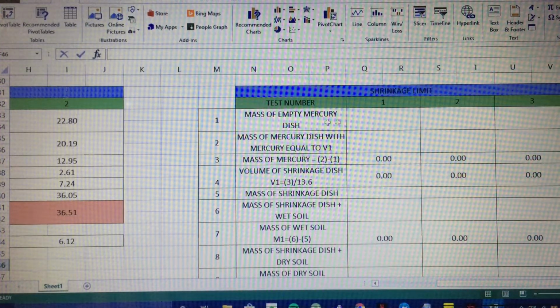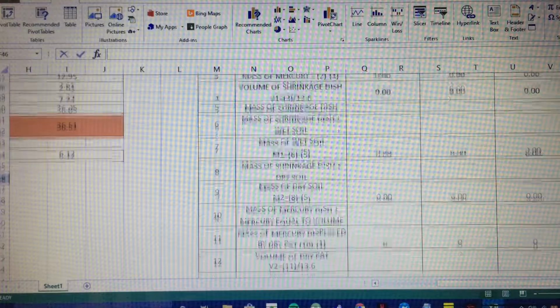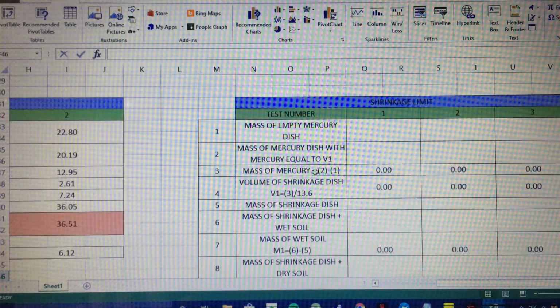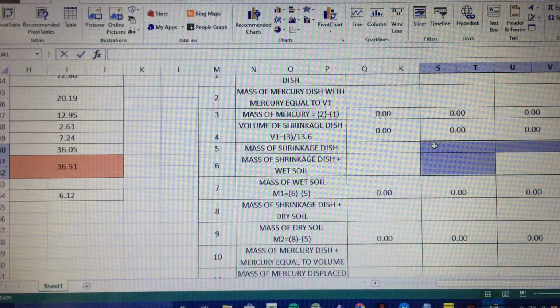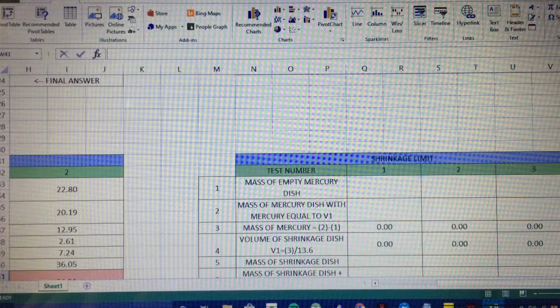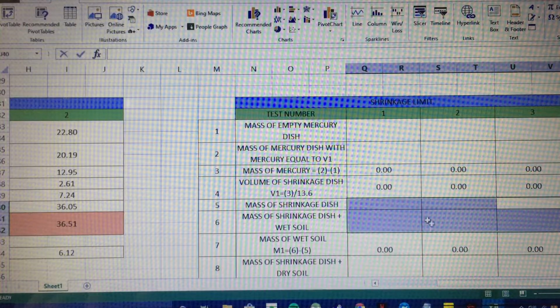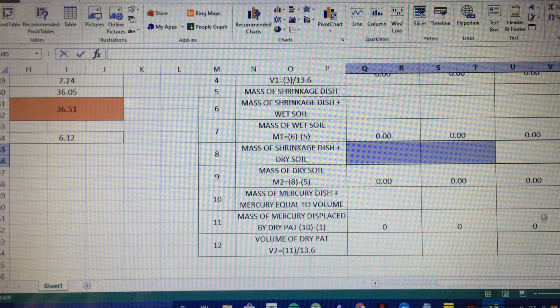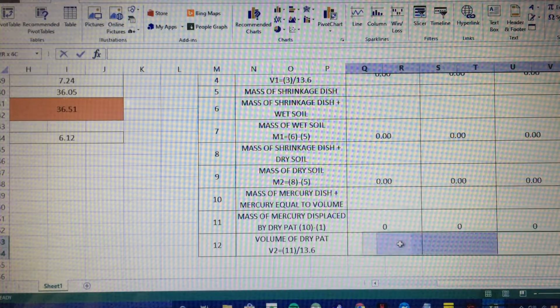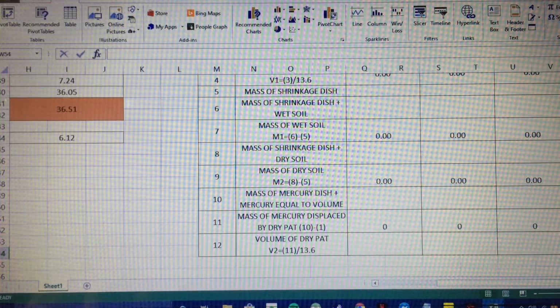So, in order to get that, kailangan na natin siyang i-solve. Itong blank tables na to, that is basically the spaces needed for the data or values na makukuha natin during experiment.